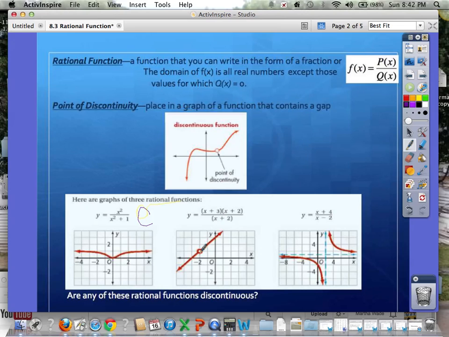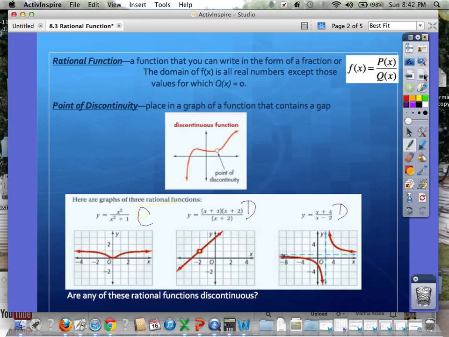And sure enough, right here is where our hole is, or a gap is, and so yes, this is discontinuous. Over here, if I did the same thing, if I plugged in a 2 right here, that would make it discontinuous. As you can see, it does something weird right here. So this is discontinuous also. It breaks off into two pieces. Easy to see.